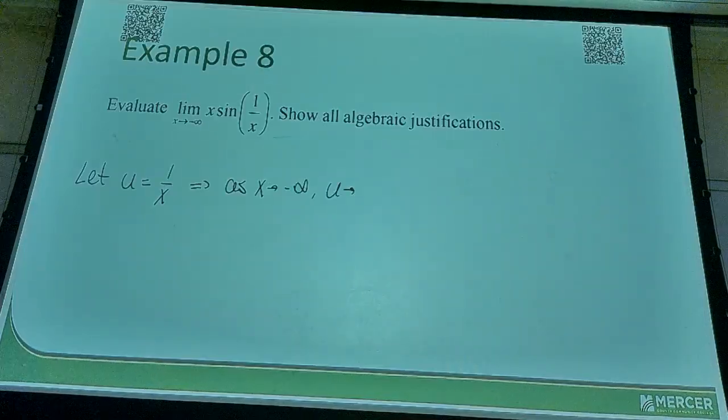What does 1 over x do as x goes to minus infinity? Go to 0. Doesn't go to 0. It's approaching 0.